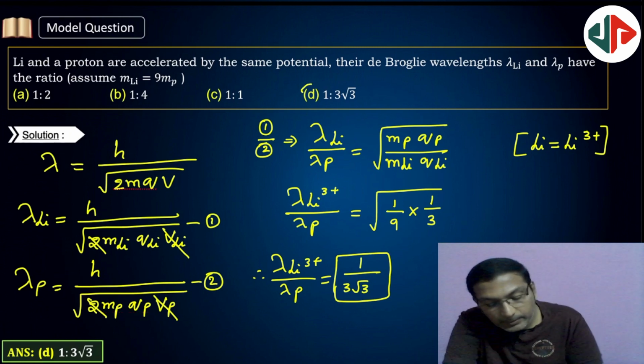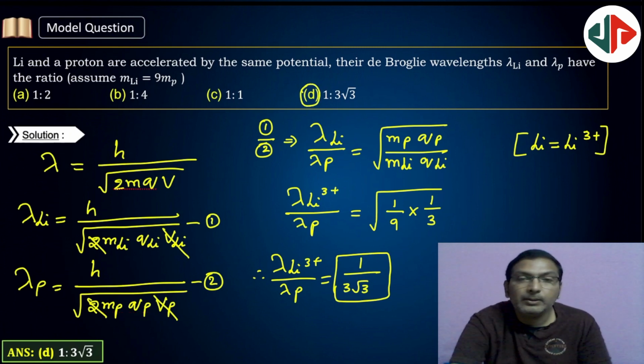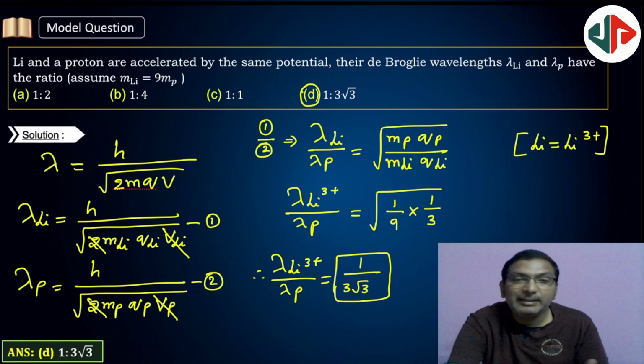So D will be the option. Here consider lithium as Li3 plus cation. Relation between lithium and proton. Lithium 3 plus, charge will be 3.